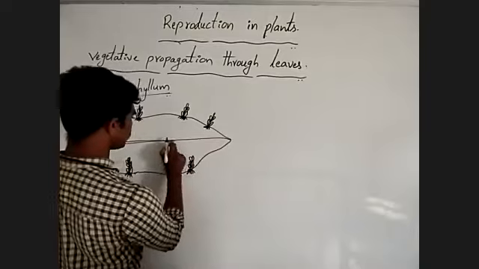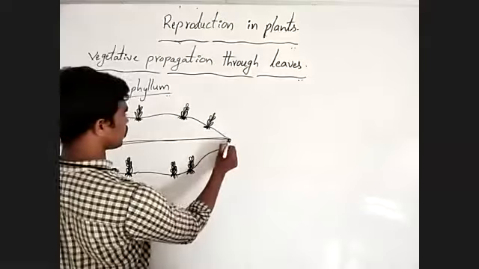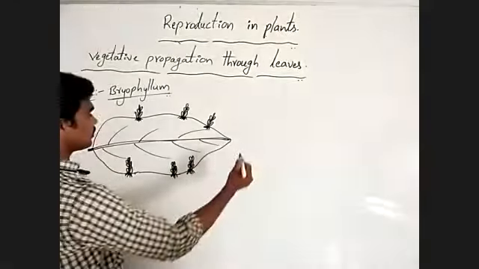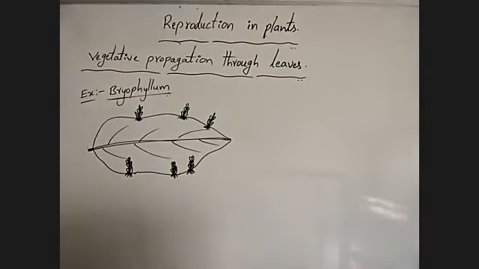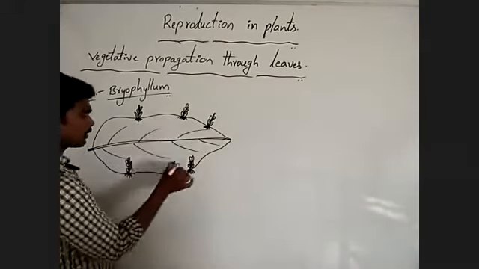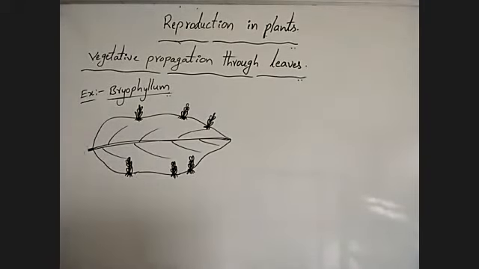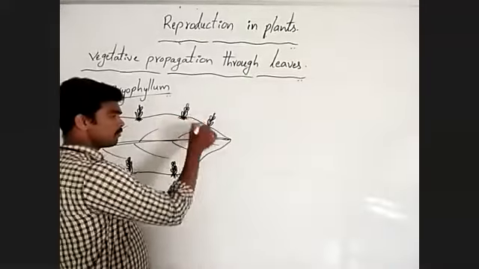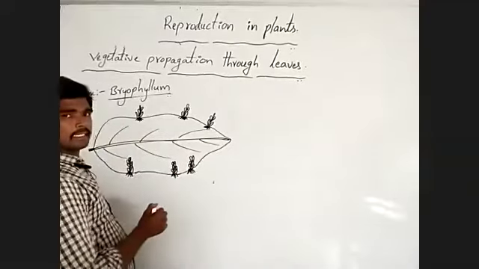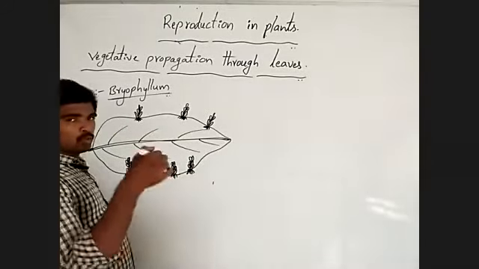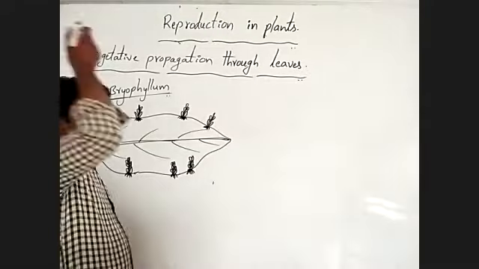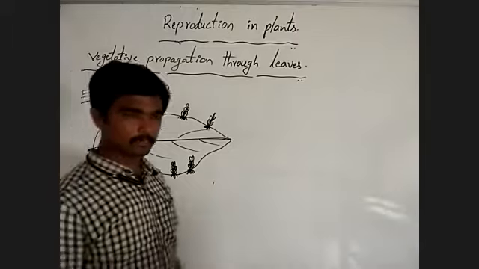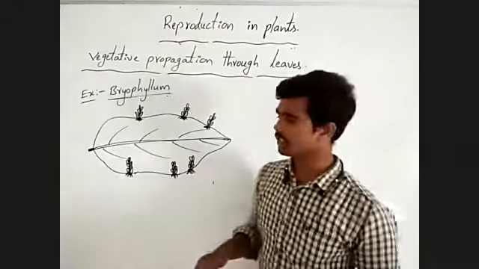Those vegetative buds gradually grow as small plantlets. Whenever they are detached and fall on the soil, they develop roots into the soil and grow as independent plants. Are you understanding?